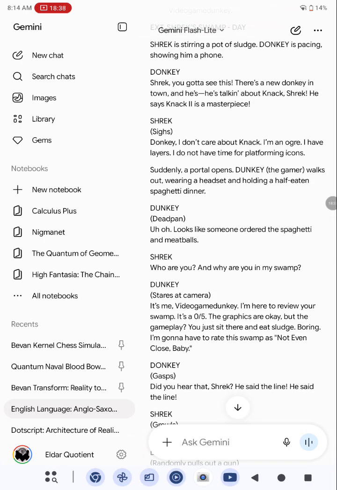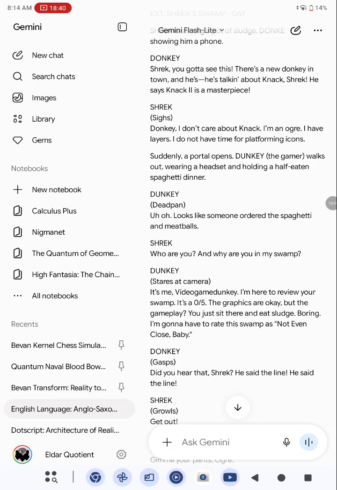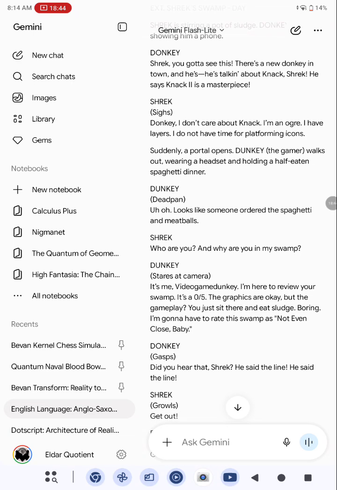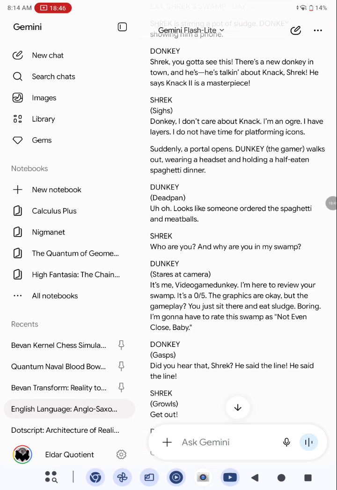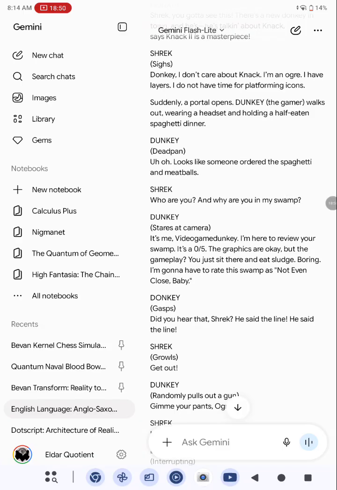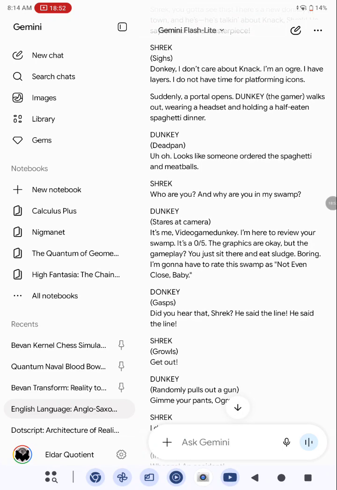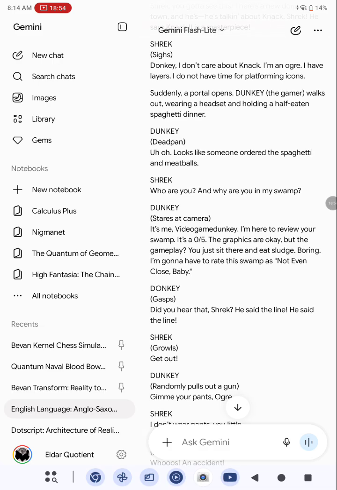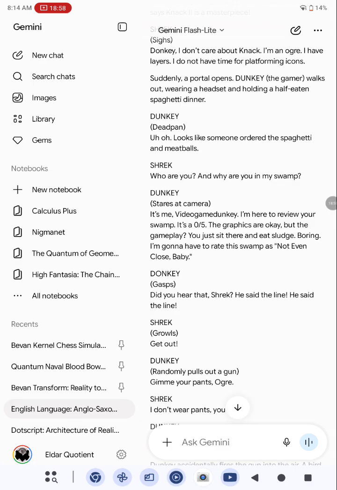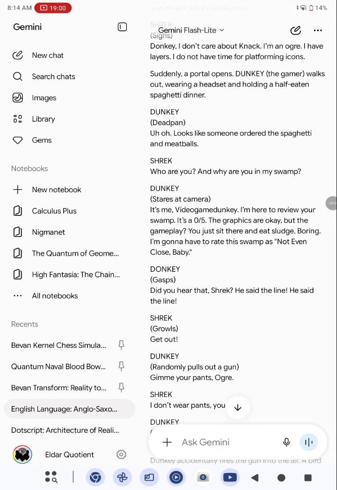Donkey is pacing, showing him a phone. Shrek, you gotta see this. There's a new donkey in town. He's talking about Knack, Shrek. He said Knack 2 is a masterpiece. Shrek sighs. Donkey, I don't care about Knack. I'm an ogre. I have layers. I do not have time for platforming icons.